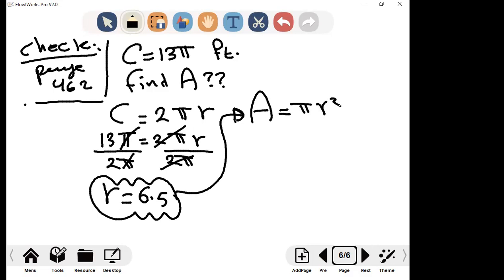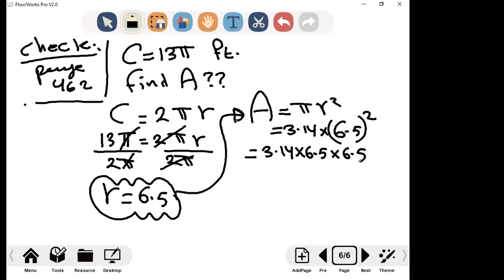Pi r power 2 equals 3.14 multiply the radius 6.5 power 2, equals 3.14 multiply 6.5 multiply 6.5. This is 132.67 feet power 2.